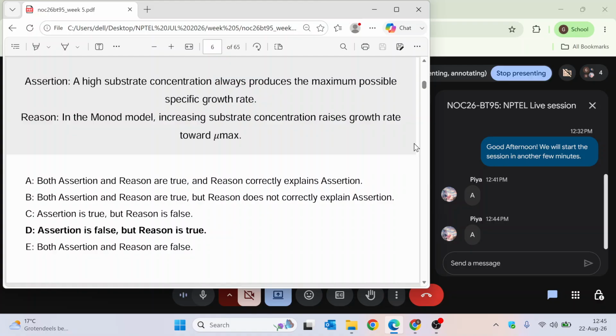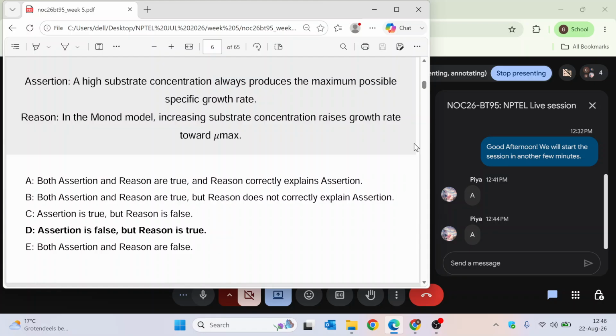But speaking about the reason, we know that Monod kinetics says mu equals mu max S by Ks plus S. So when we increase the substrate concentration, mu is going to increase towards reaching mu max.